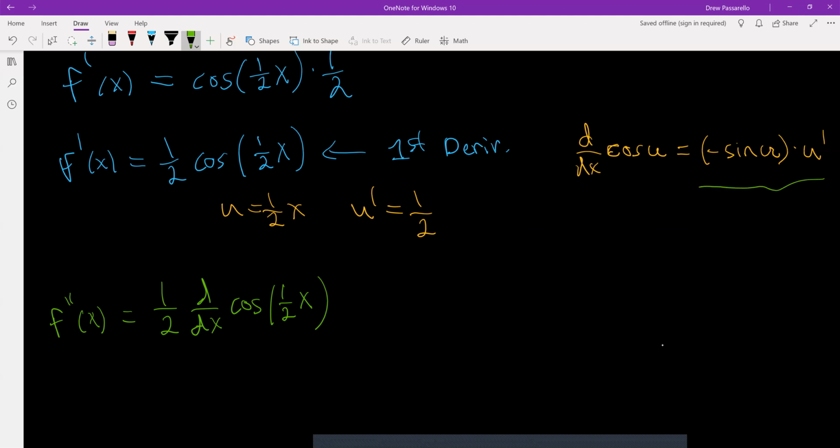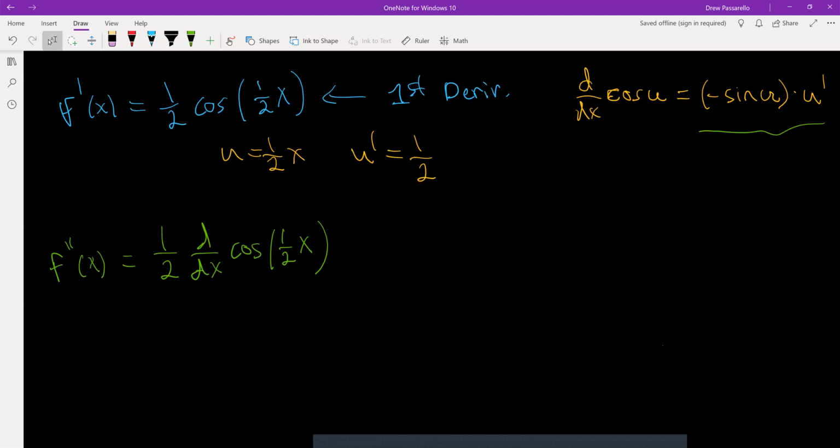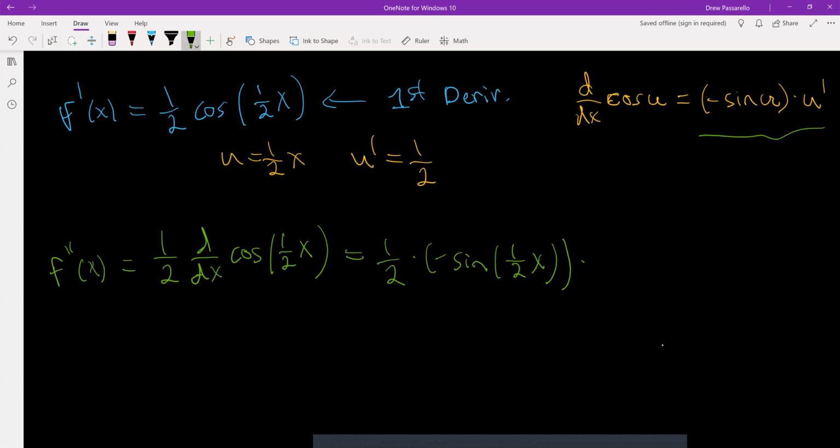So that's going to be negative sine of u times u prime. So u is 1/2 x, so it's going to be negative sine of 1/2 x times 1/2. That's going to equal 1/2 times negative sine of 1/2 x, and then times u prime, which is 1/2. So a half times a half is 1/4, and then there's a negative sign.